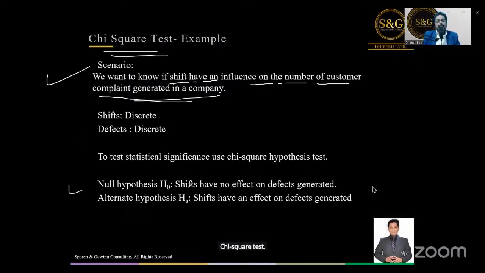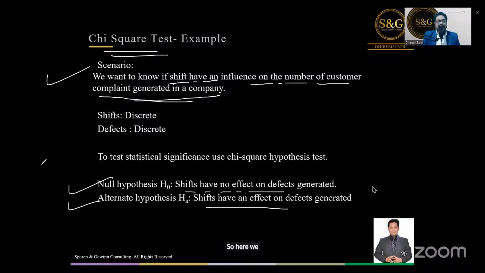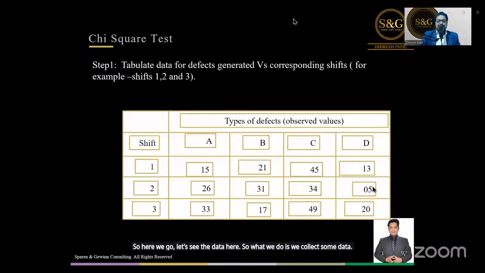Okay. So the null hypothesis says shift has no effect. The alternate says shift has some effect on the defects or the customer complaints. So here we go. Let's see the data. What we do is we collect some data.